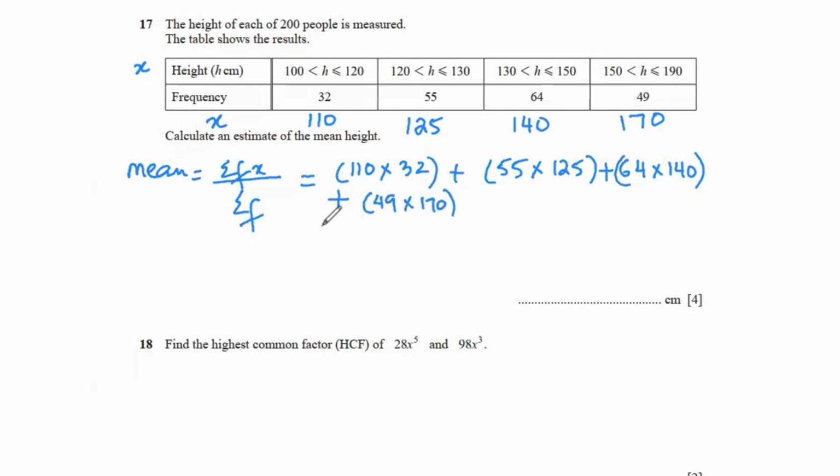So all of this gets divided by the total frequency, which is 200. So that is going to give us 138.425 as the mean height.